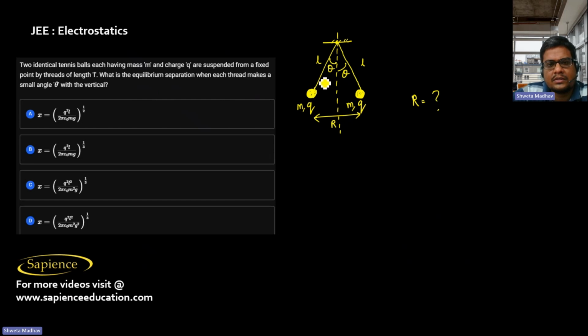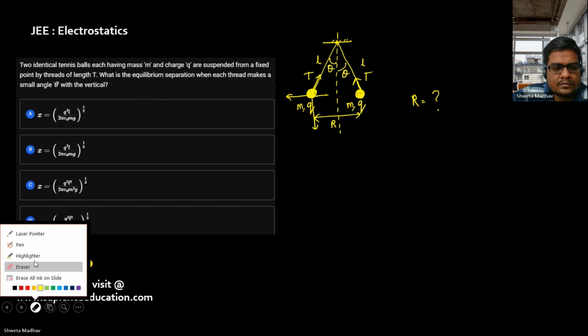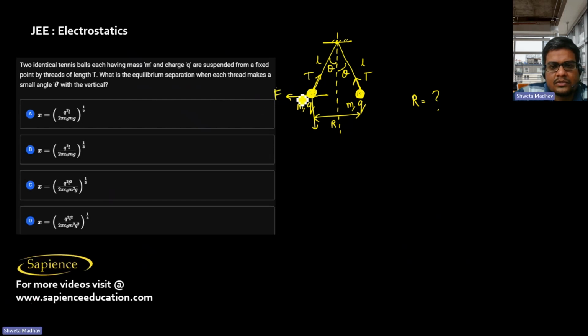Now here there is a tension force. Here also the tension force will be the same, since these two are symmetric, by symmetry I can say. Now this is the electrostatic force of repulsion, and this is the electrostatic force of repulsion, and this is mg, obviously the weight.